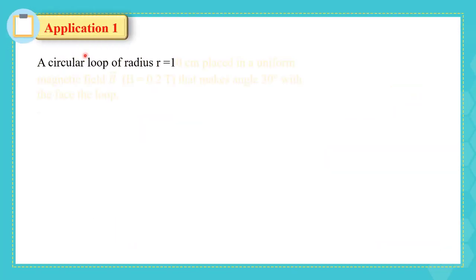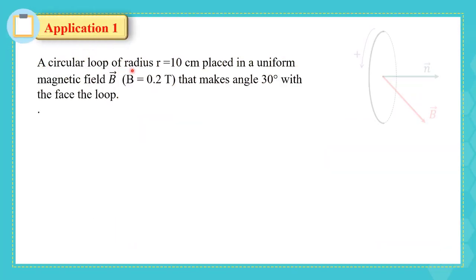Now let's solve application 1. A circular loop of radius r equal 10 cm is placed in a uniform magnetic field B. The magnitude of this field is equal to 0.2 Tesla, and this field vector is making an angle 30 degrees with the face of the loop, or with the plane of the surface.